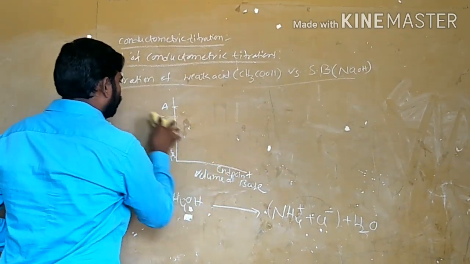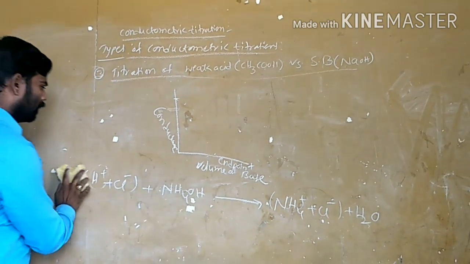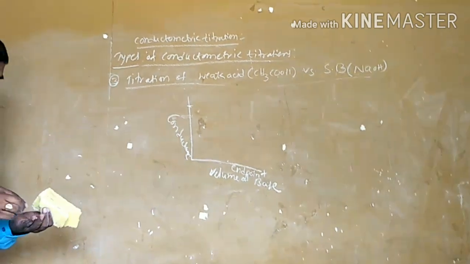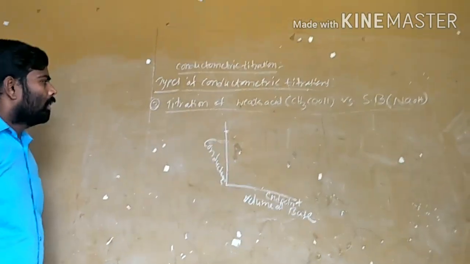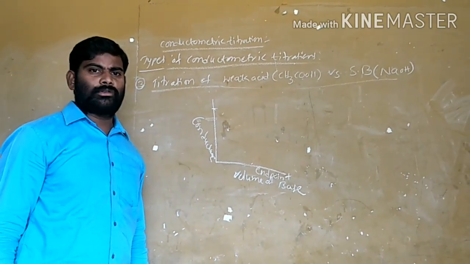The same plots we are plotting for this one. Here the reaction will be changed. What happens here? Here the acid is a weak acid.